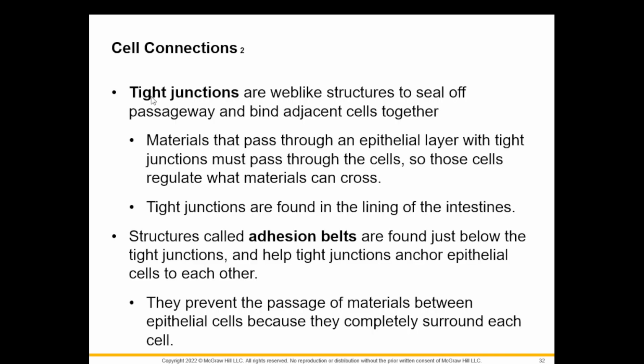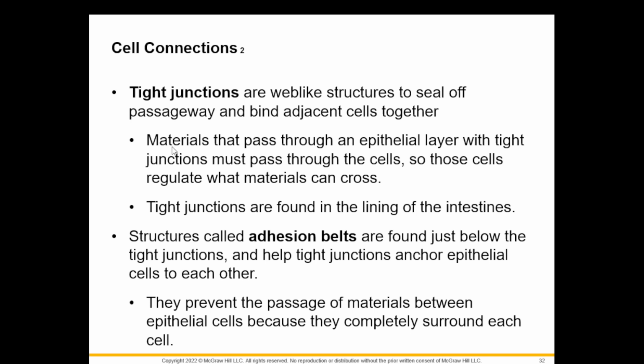Next, we have your tight junctions, which later on you will find appear like web structures, no? They seal off passageways and bind adjacent cells together. That they bind adjacent cells together is a no-brainer since we're talking about cell connections. But what do we mean that they seal off passageways?